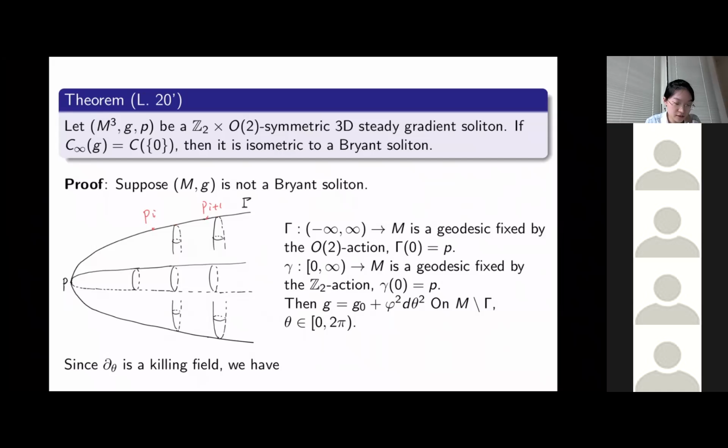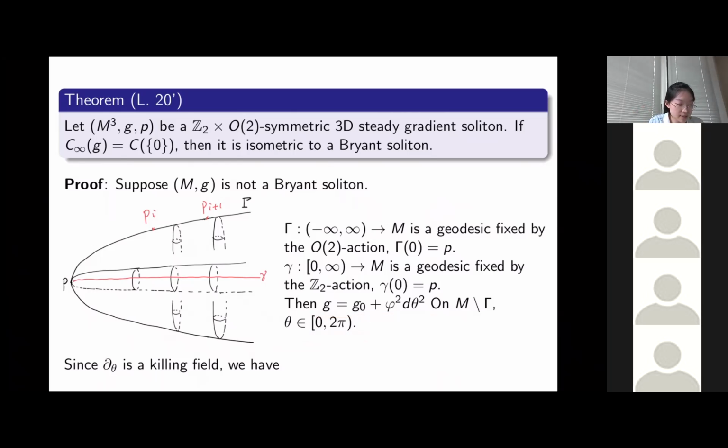Let's assume this is true, and then I'll fix some notation. So this is gamma, which is the edges of the wing, and then we're going to choose another geodesic, a little gamma, which is fixed by the reflection, the Z2 action. And then we also want to write down the metric as the warped product metric. So this theta is the parameter of the S1 fiber.